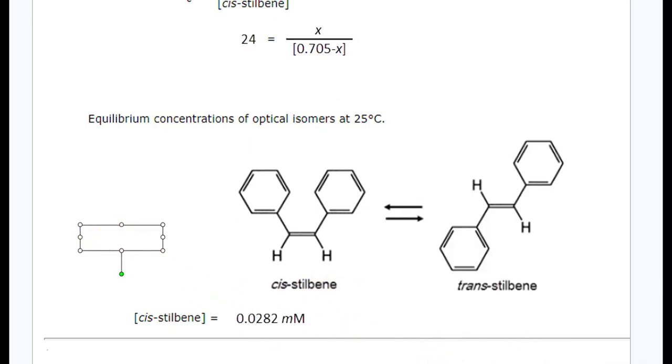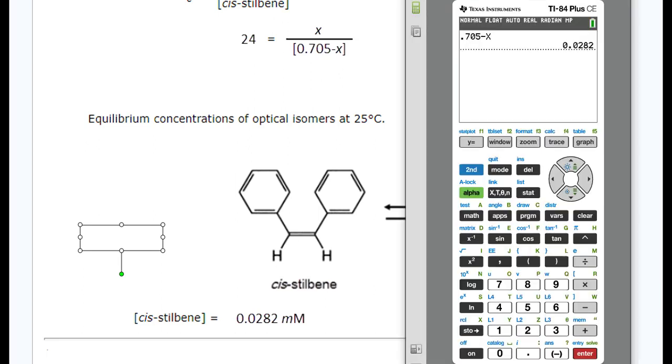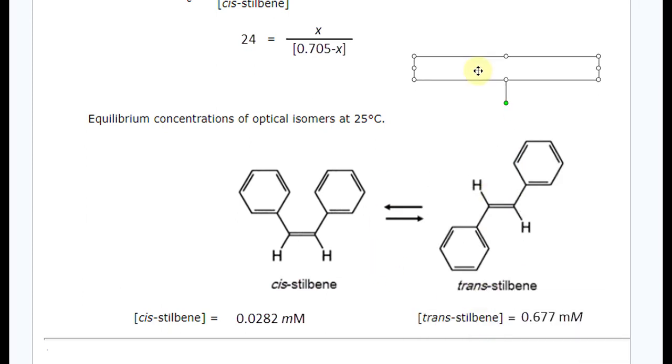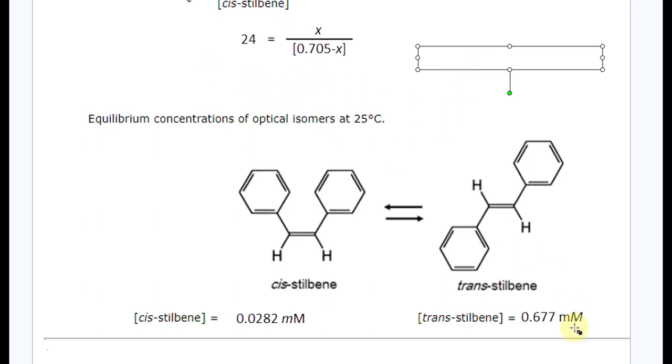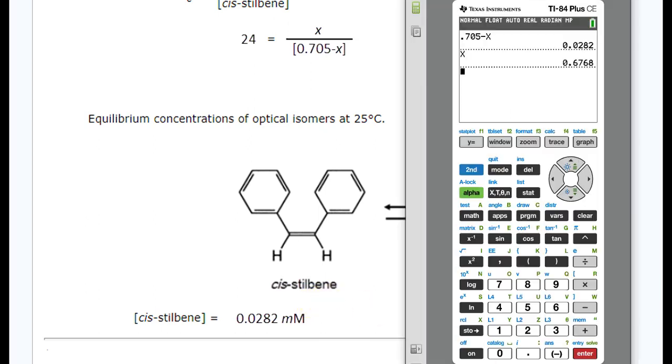I've got 0.0282 millimolar of cis, and of course, our x here, in case I forgot it, is 0.677. So I'll put my answer here, 0.677 millimolar for trans. Indeed, we've got a lot of our trans. This stuff lined up, so its London dispersion forces can make those temporary dipoles, and very, very little of this cis-stilbene.